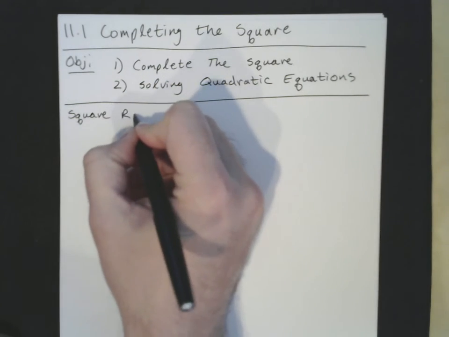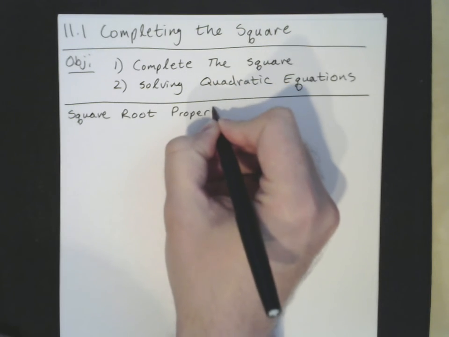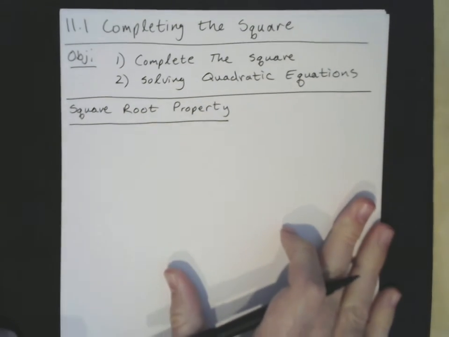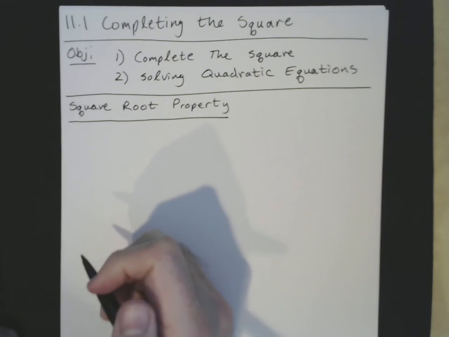So we have something called the square root property. And we all know the square root property. We've talked about it before. I don't know if we called it the square root property.